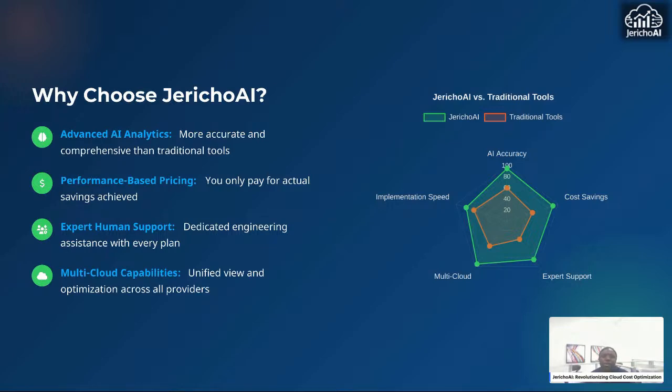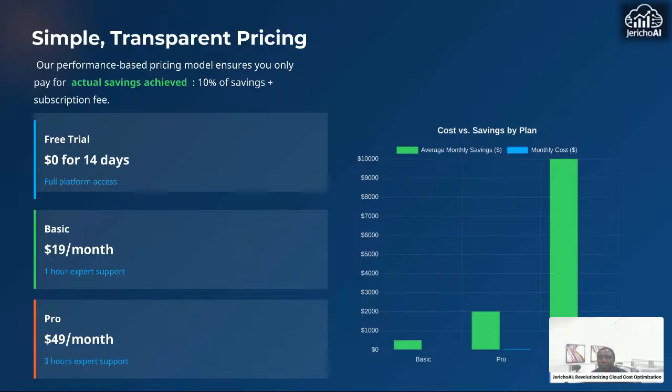So Jericho is wonderful, it's very accurate. Implementation is at a high speed. It provides good cost savings around 30 to 85%, even plus. It supports multi-cloud as well as expert support.